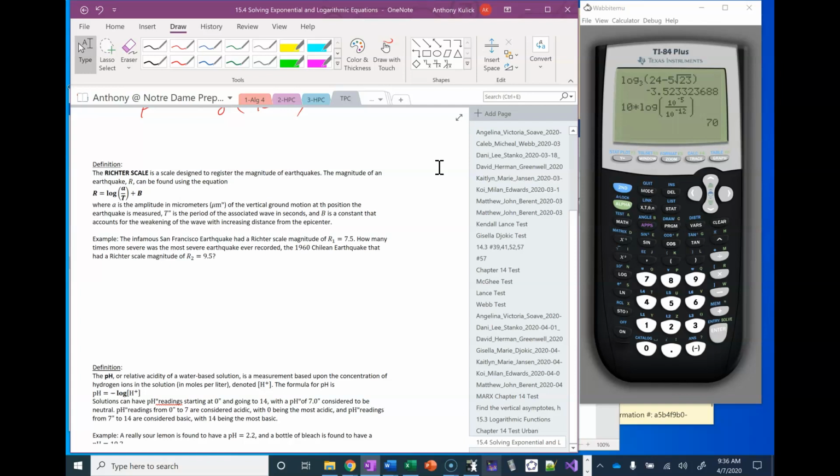T is the period of the associated wave in seconds, and B is a constant that accounts for the weakening of the wave with increased distance from the epicenter.